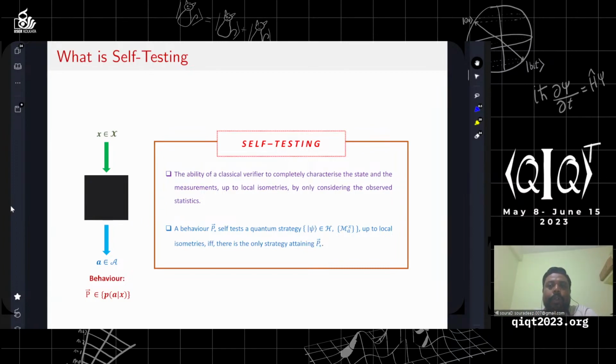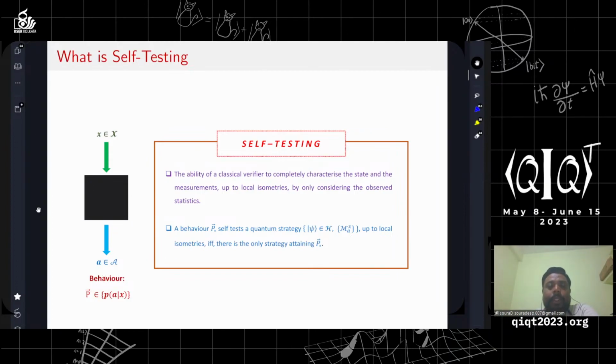Let's say there are two possible light bulbs, red and blue, and in the simplest case two possible inputs, switch 1 and switch 2. Using this black box, I can collect the input-output statistics, that is, whether switch 1 corresponds to the blue bulb or switch 2 corresponds to the red bulb. In that way I can collect the probability of obtaining a certain outcome when some input is given to the box.